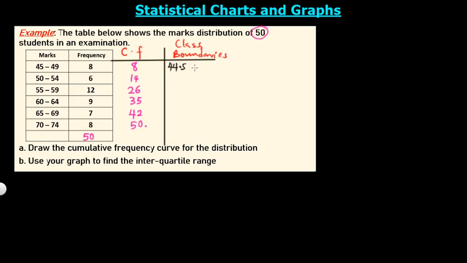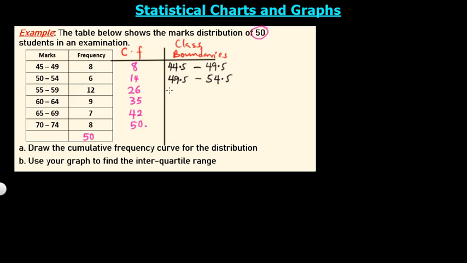Add that 0.5 to this, you have 49.5. So the end of one class boundary starts the other class boundary. So here 49.5, do the same thing here, subtract 0.5, you still get 49.5, which ends here, and it starts this, minus 54.5.